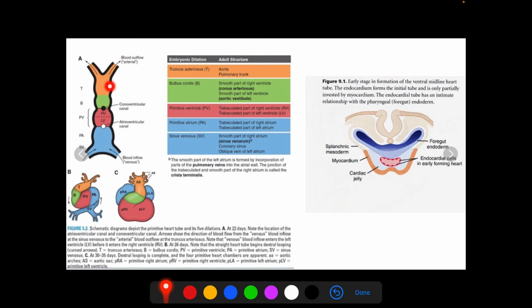The upper part, truncus arteriosus, will be aorta and pulmonary trunk. Bulbus cordis will be the smooth part of the right ventricle and left ventricle. Primitive ventricle will be left and right ventricle. Atrium will become left and right atrium, and sinus venosus will form coronary sinus and other parts.